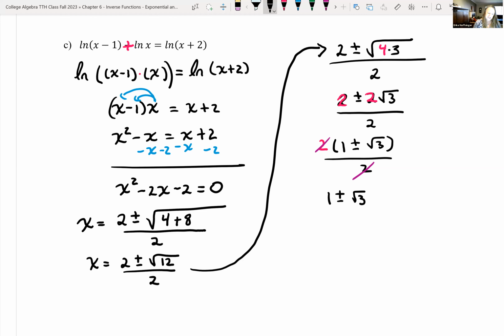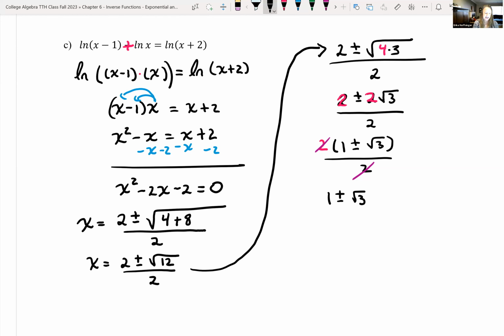So again, I need to check to make sure that I don't have a log of a negative number. So I'm estimating that square root of 3. Well, that's between square root of 1 and square root of 4. Square root of 1 is 1, square root of 4 is 2. So that square root of 3 is between 1 and 2, 1 point something.